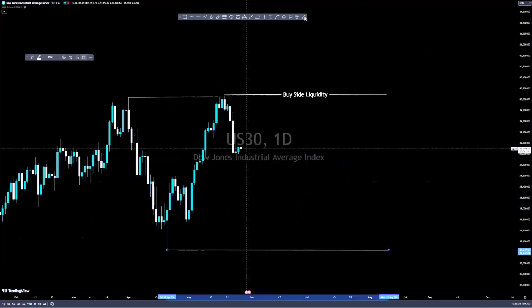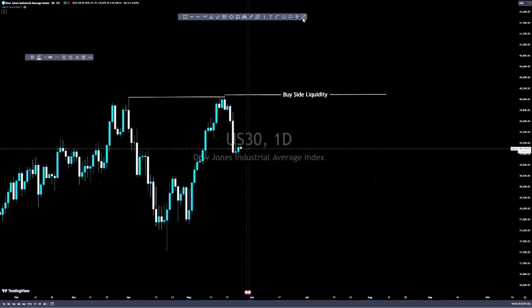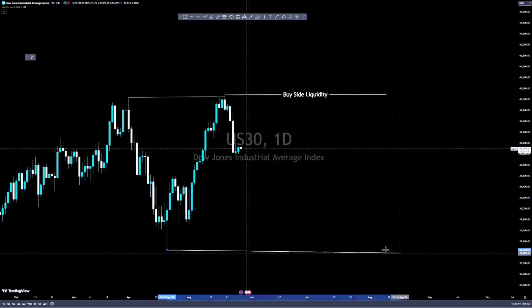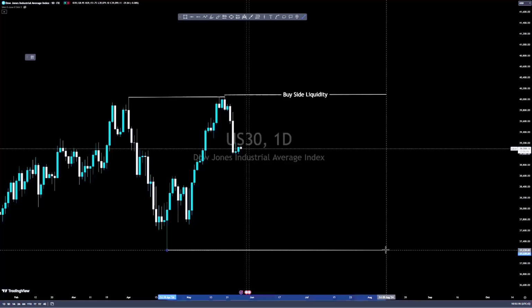Remember, I don't know if I've said this or if it's the first time saying it, but you mark the buy side and sell side liquidity only when there is a break of structure.